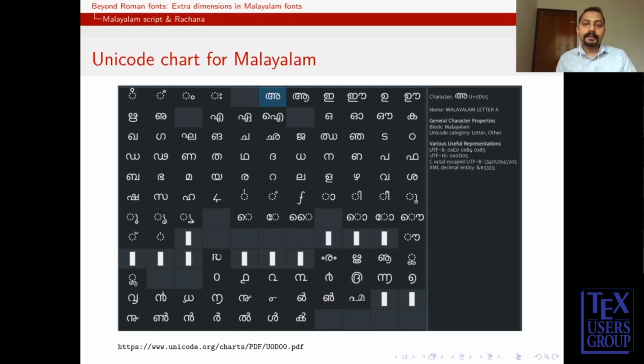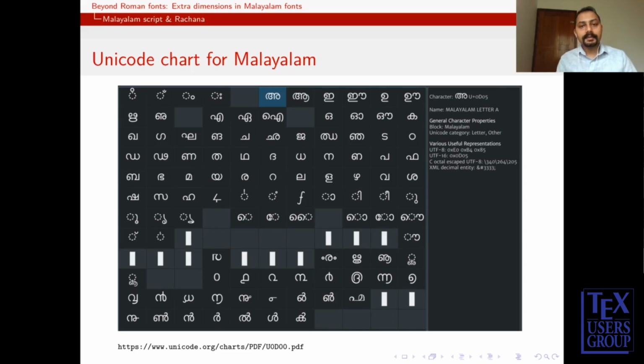This is the Unicode chart of Malayalam, where it encodes the basic characters in Malayalam. So about 51 characters, with the numbers and some symbols used to represent fractions, etc. It is important to notice that Unicode encodes only the basic characters in the alphabet and not the consonant-vowel combinations or conjuncts.